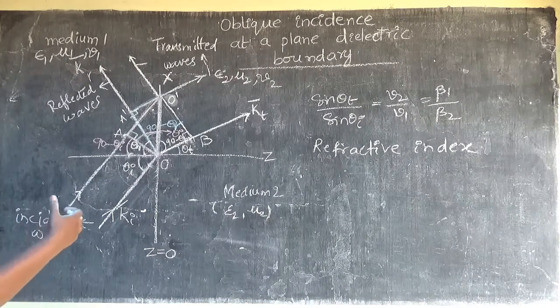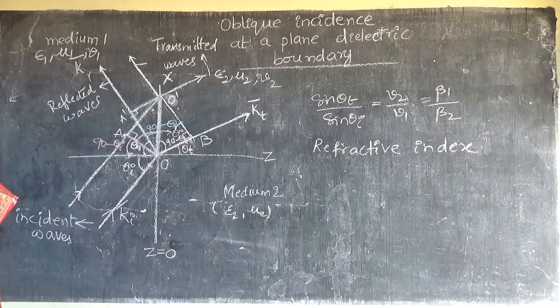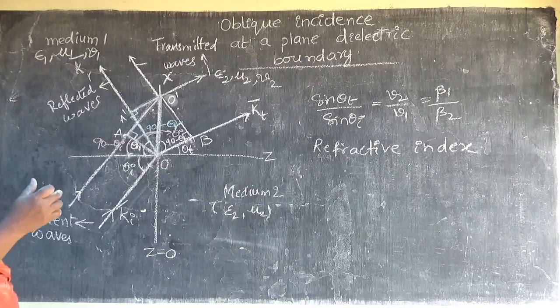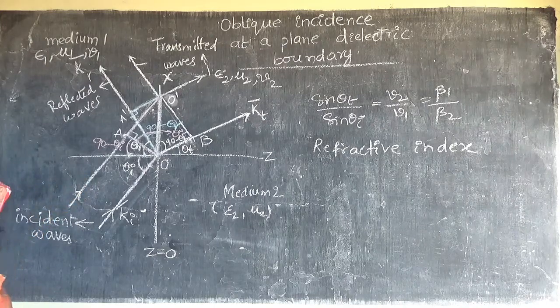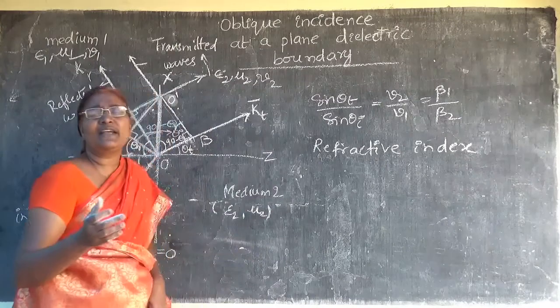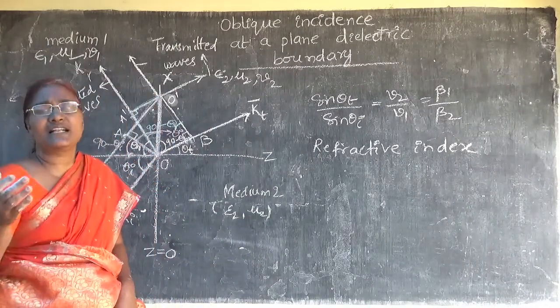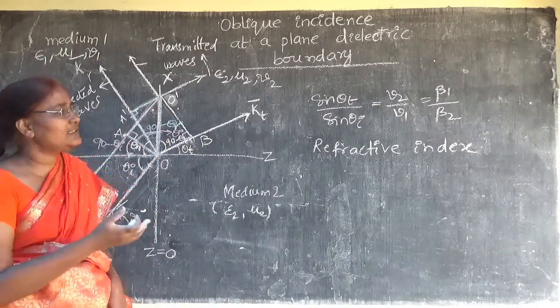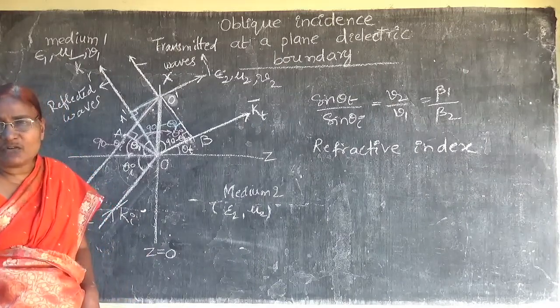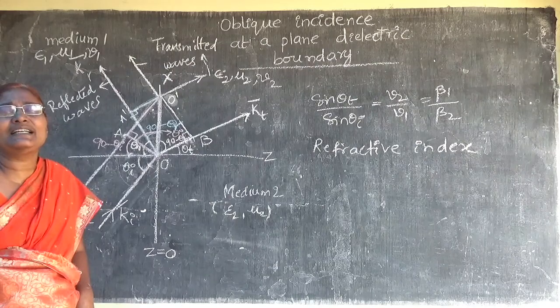Now what is the definition of refractive index? That means the ratio of the velocities of the wave in free space to some medium. Ante enti? So what is the velocity of any wave in free space? If you consider light wave, light dantlone ochindi refraction anedi. So if you consider light, what is the velocity of the light in free space?